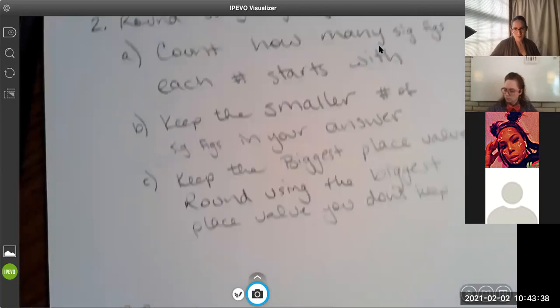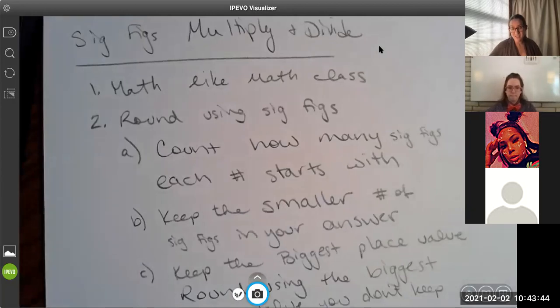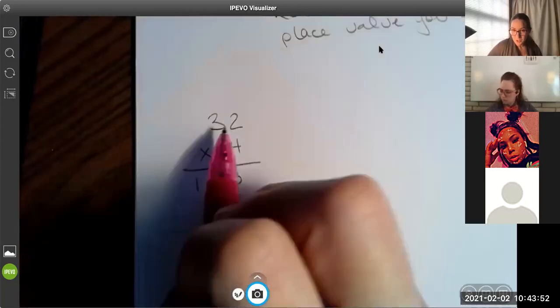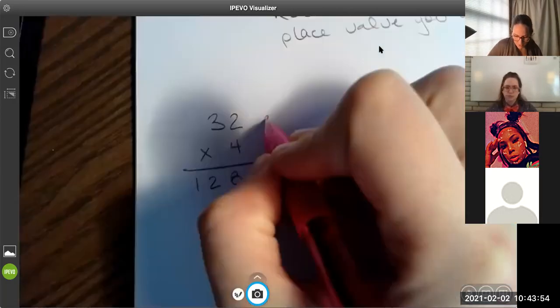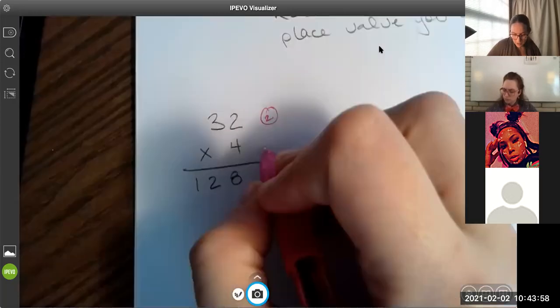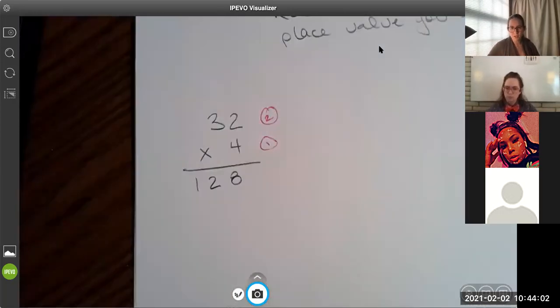To round, step 1, count how many sig figs each number starts with. Well, 32 has 2 sig figs. 4 has 1 sig fig. Check that off the list.